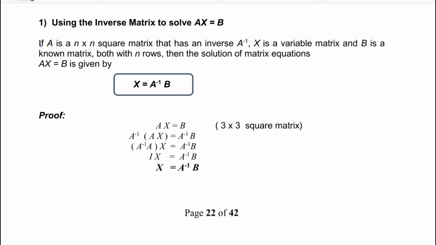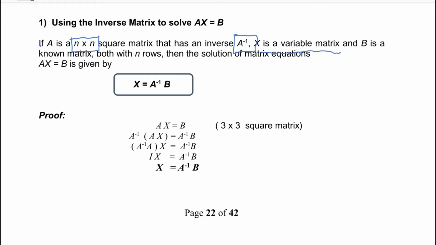Alright, using the inverse matrix to solve AX equal to B. As you know before, if A is any n by n square matrix that has an inverse, which we write as A inverse, capital X is a variable matrix, which is all the unknowns that you want to find, or x, y, z.